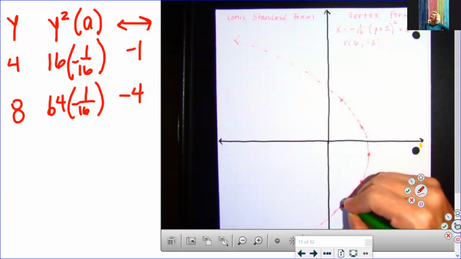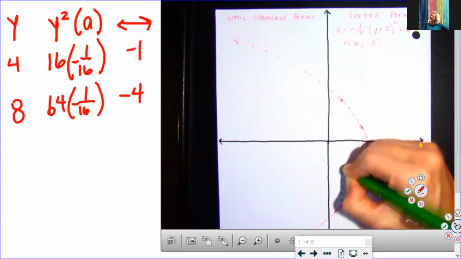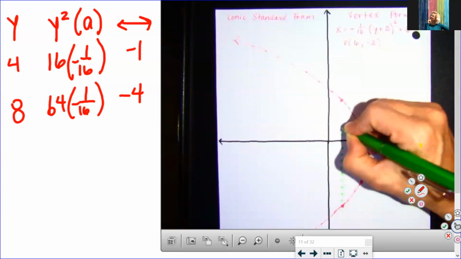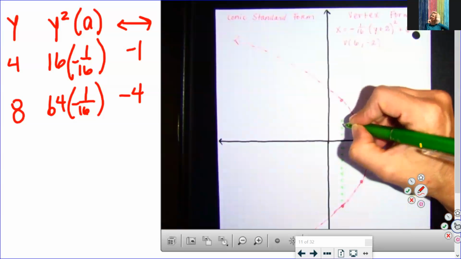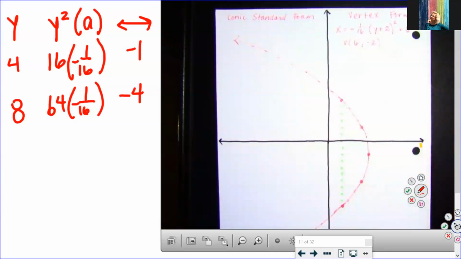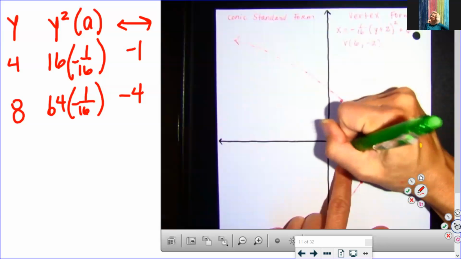So I'm going to draw a dotted line, and this distance is 16 units. I could count 8 spaces from the edge to find the midpoint, but I know the midpoint is always in line with what? The vertex. That is correct. So if that's my vertex, then here is my midpoint, which is called the focus.